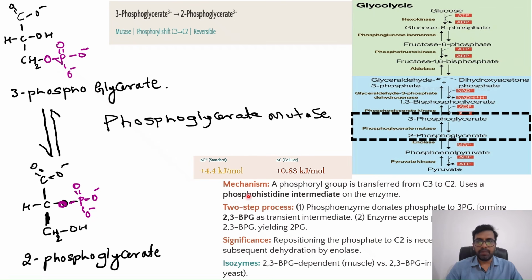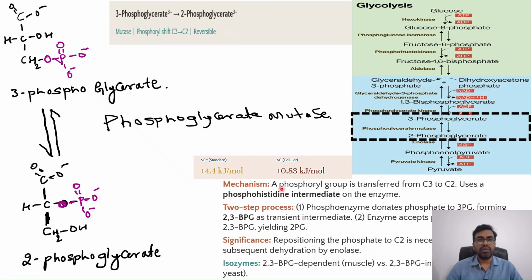Now this particular enzyme utilizes a phosphohistidine intermediate. What does that mean? It means this enzyme has an active site, and in the active site we have histidine as one of the active amino acids. That phosphohistidine is an intermediate which forms during the conversion of 3-phosphoglycerate to 2-phosphoglycerate.